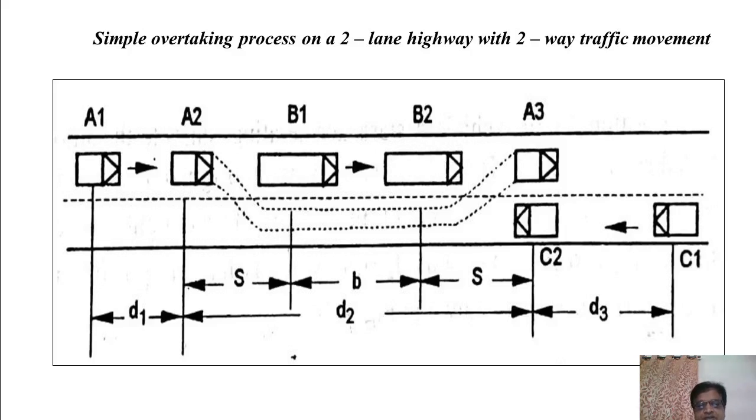Then he has to change lane, overtake, and again come back to this position. So we assume that the distance from the center of this vehicle to the center of the other vehicle is s. Here also, after overtaking, it comes back to this position, and the same s distance it will be traveling.